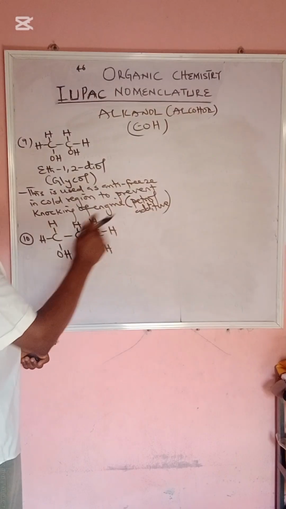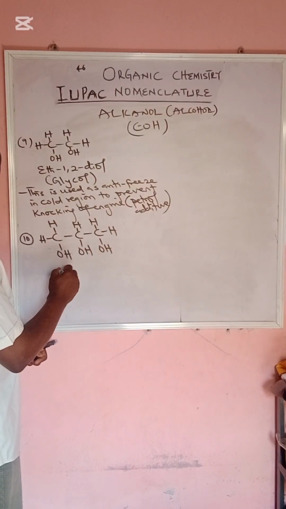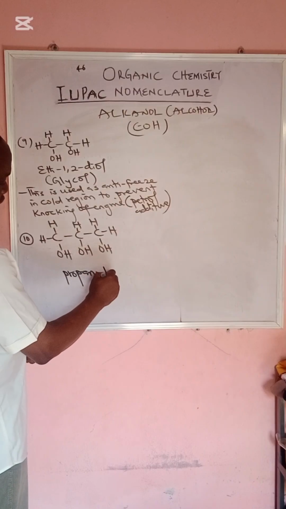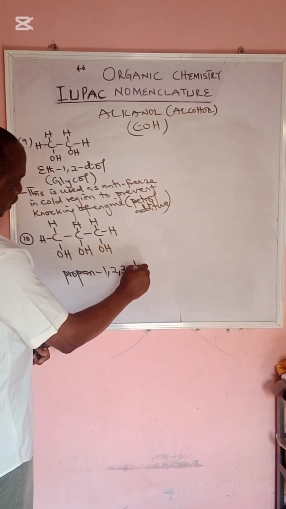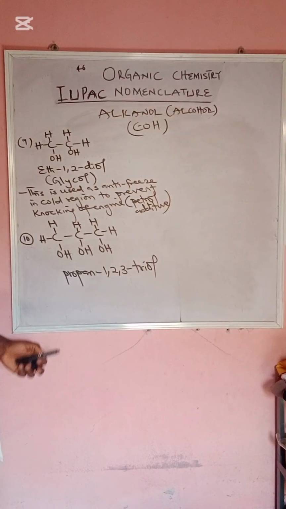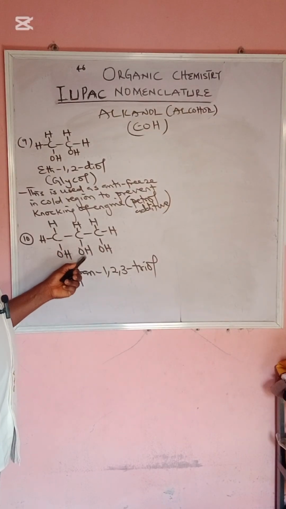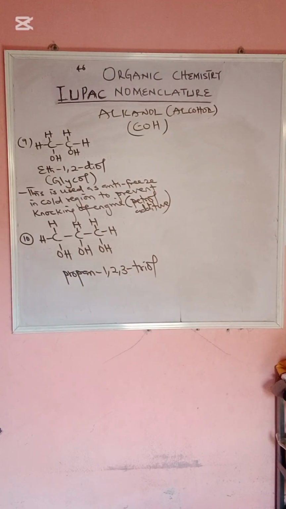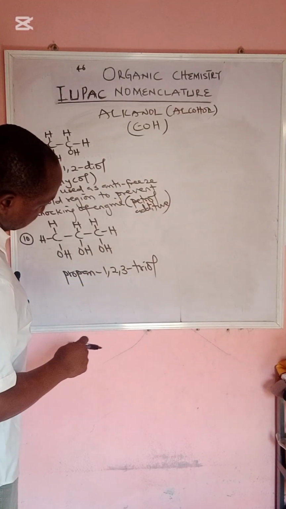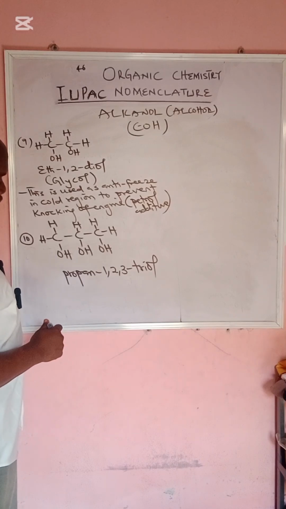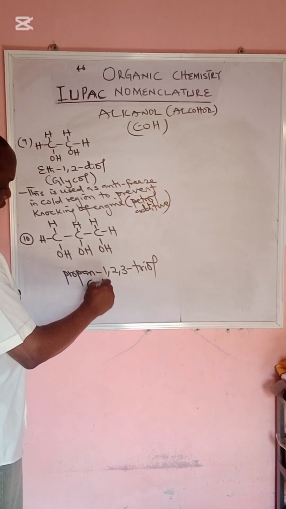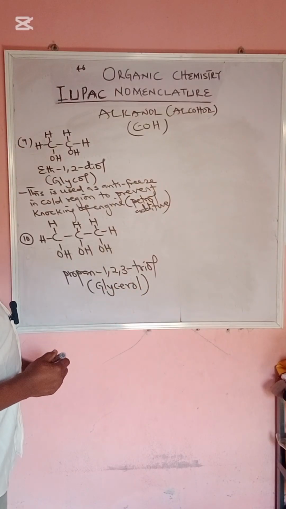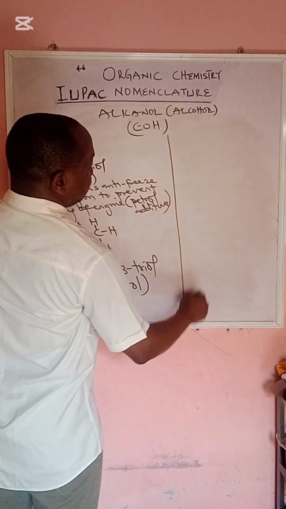The parent name is prop, so it is propane-1,2,3-triol. 1 OH on carbon 1, another on carbon 2, another on carbon 3, making 3 OH. This is known as glycerol. That's the formula for glycerol. Propane-1,2,3-triol.